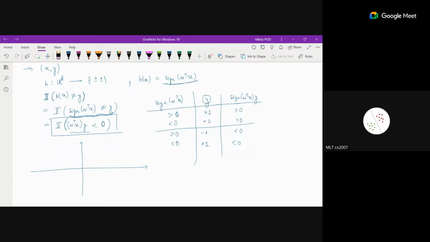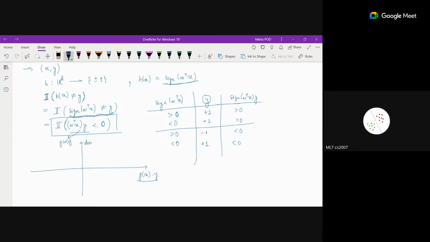So let's think of it as g of x times y, and this is my loss. We'll plot how the loss varies with respect to this value.